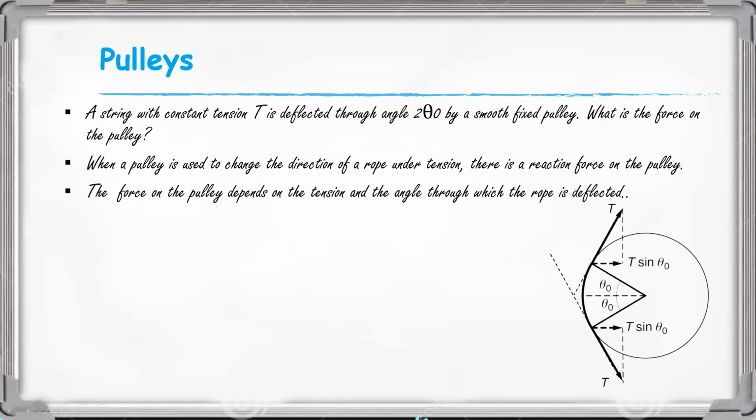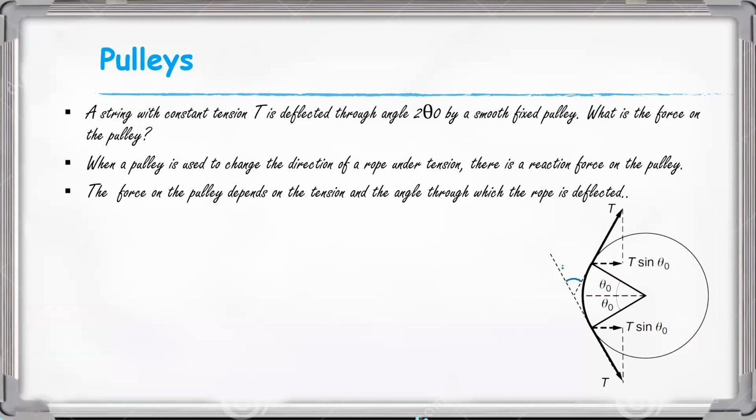Consider the diagram. In the diagram, a pulley is shown, and here a string with the tension T is deflected through an angle 2 theta 0.